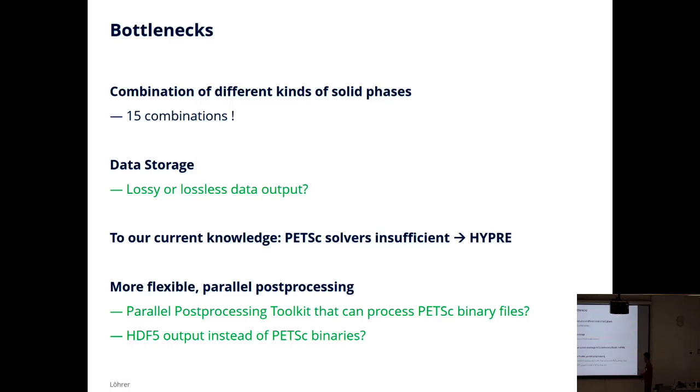Maybe that's not the case. We'll have to look into this. And if there is a post-processing toolkit that can read the Patsy binary files that we write directly, that's something we'd be interested in. Otherwise, I think we should shift our output to use standard HDF5 files.